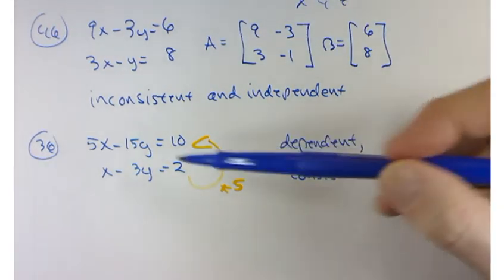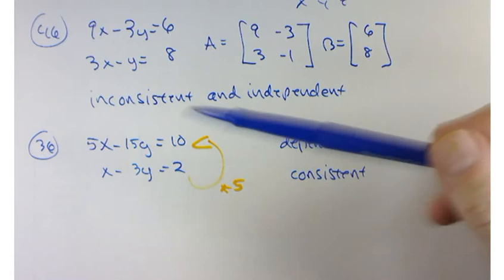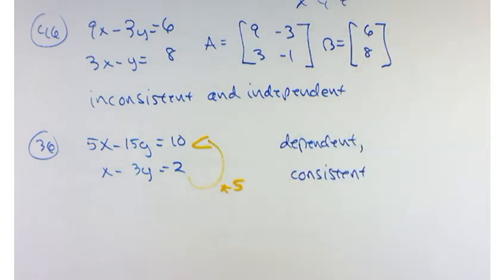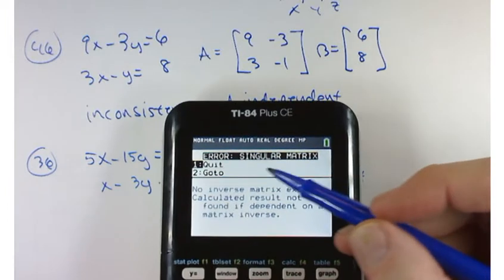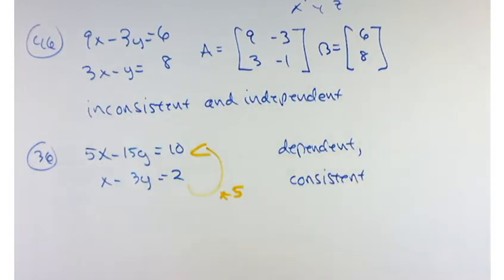You can see that because one equation is just a multiple of the other. They're essentially the same equation twice. That's why if you try to solve this on your graphing calculator, you get that message again. Error, singular matrix. And we'll learn a little bit more about singular matrices in section 12.5.